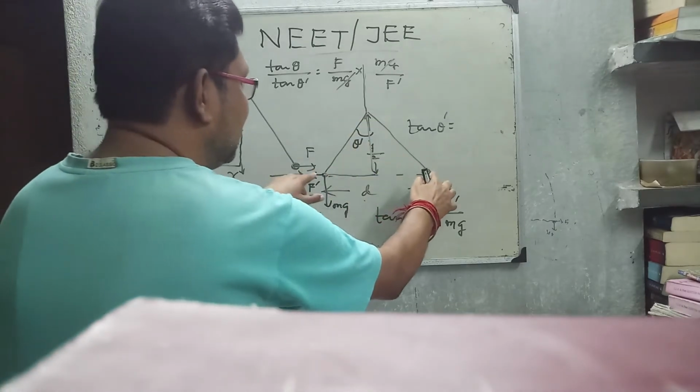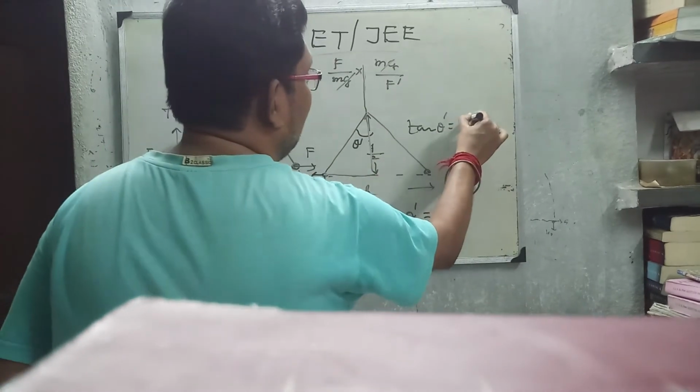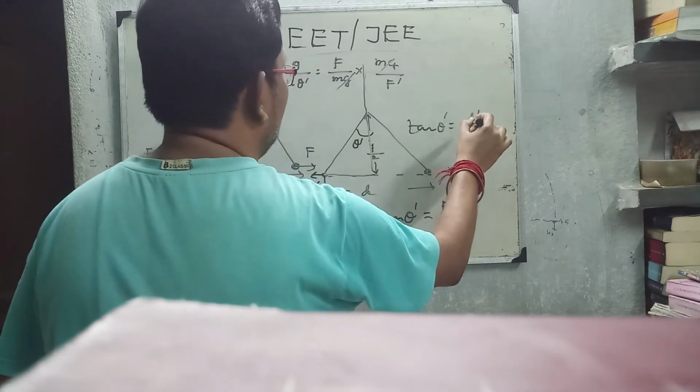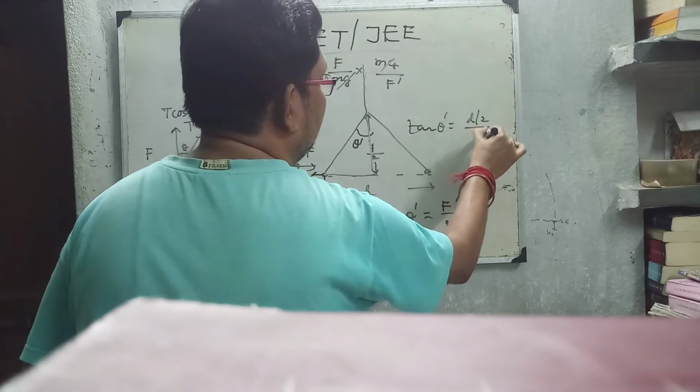If the distance is d, this is d by 2 by base, equal to y.